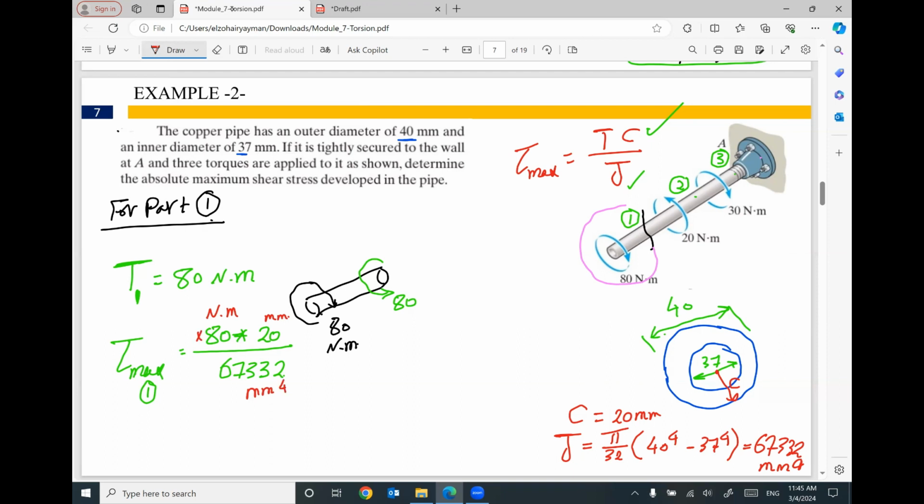We have to multiply this 80 by 1000 to be Newton millimeter. So the maximum shear stress in part number 1 will equal 23.76 megapascal, or Newton per millimeter square. This is for part number 1.